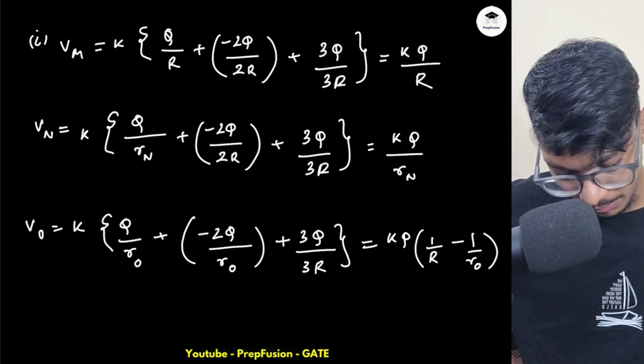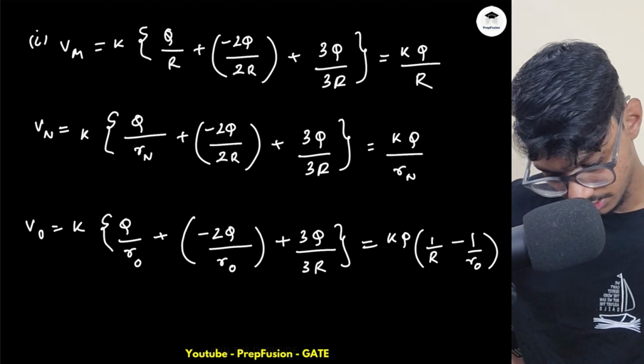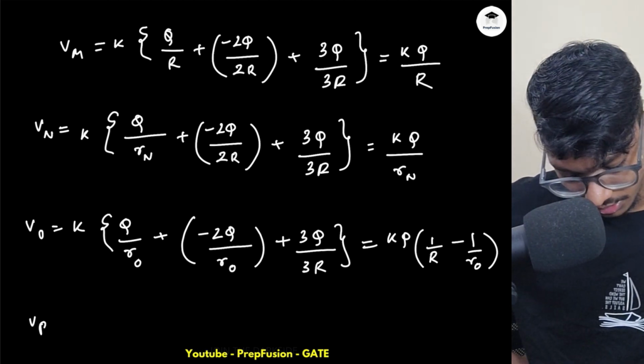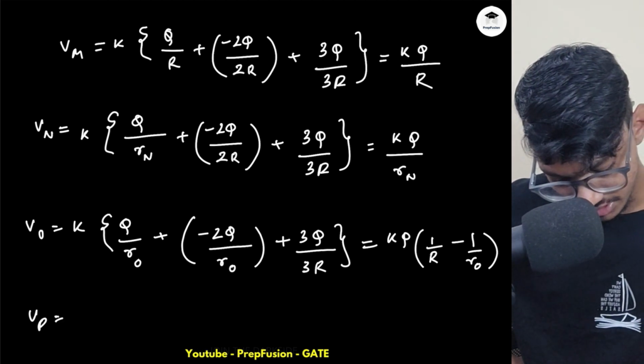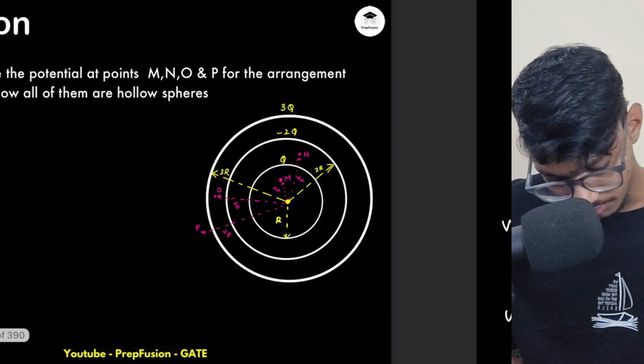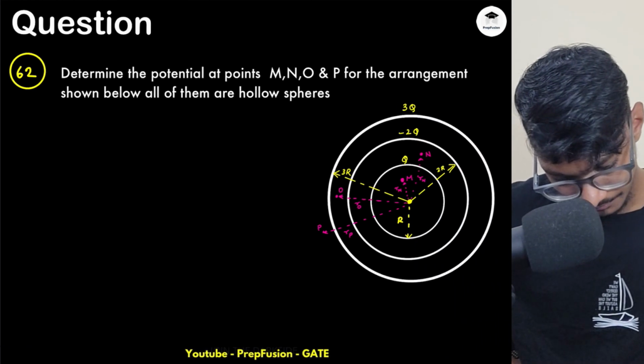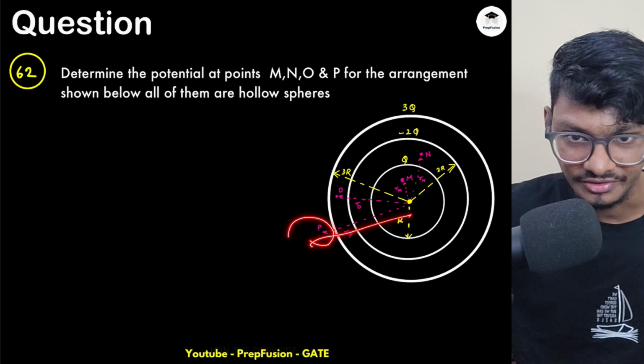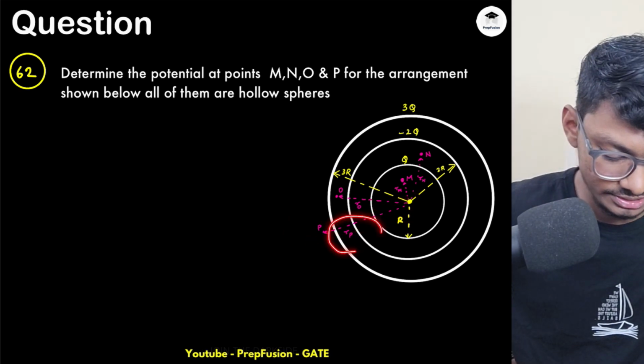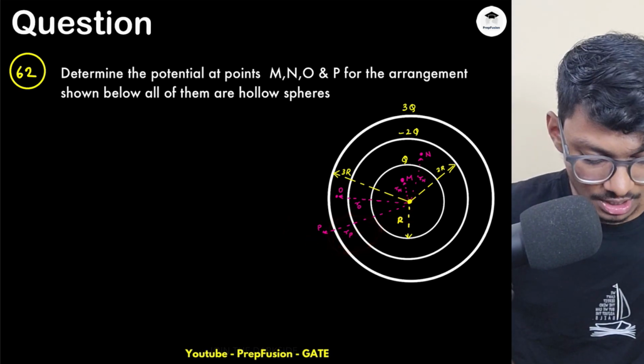Now what about the point P? I am solving for all of them. If I observe, point P is actually outside everything. So I just need the distance from the center of the spheres, that is RP.